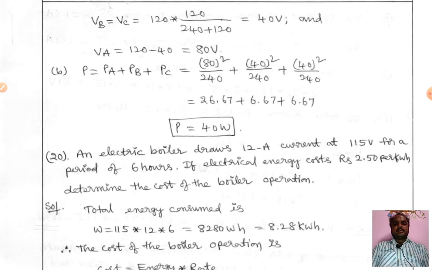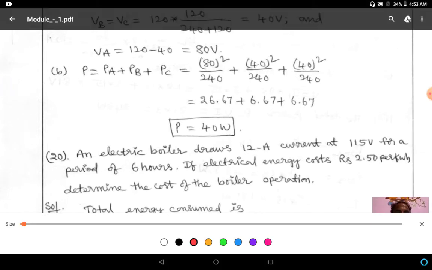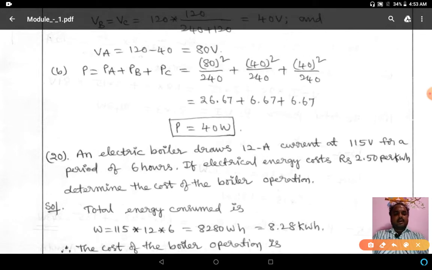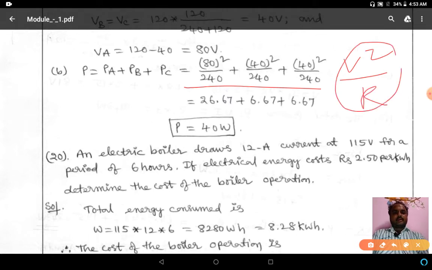Applying the V square by R formula to all the bulbs, we get 80 square by 240 plus 40 square by 240 plus 40 square by 240. Here we get the total power as 40 watts.